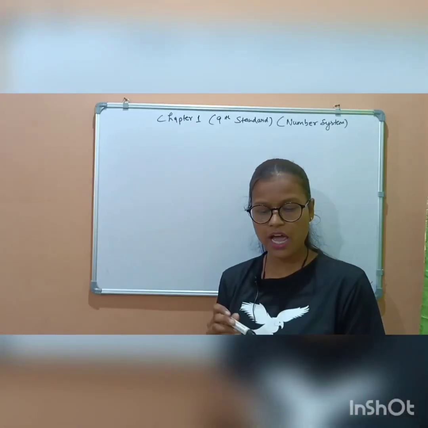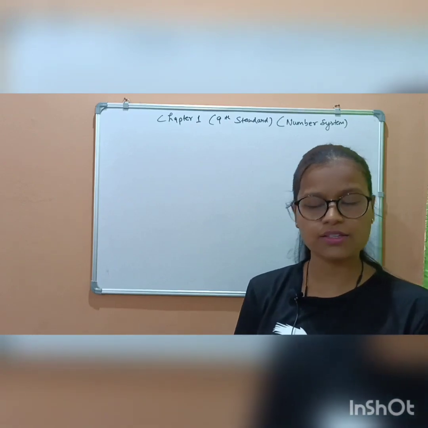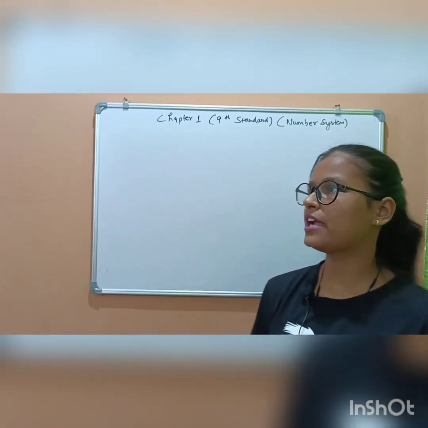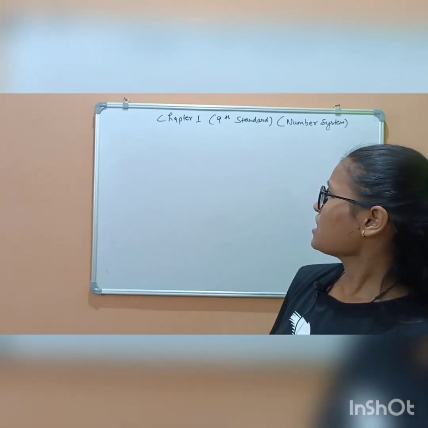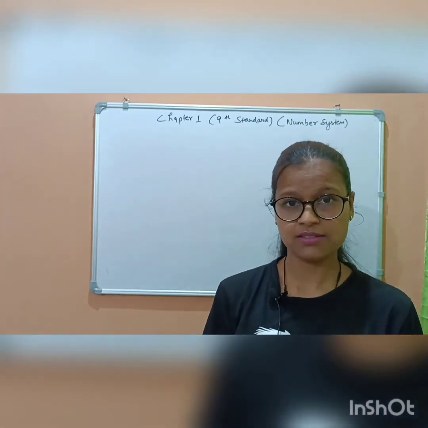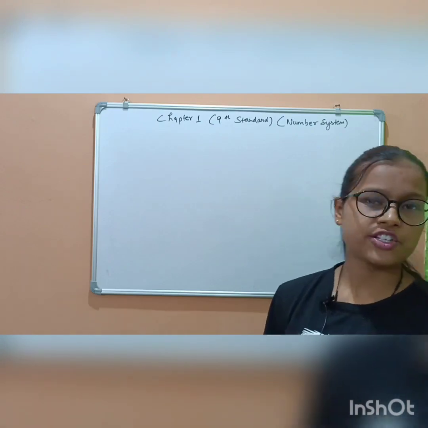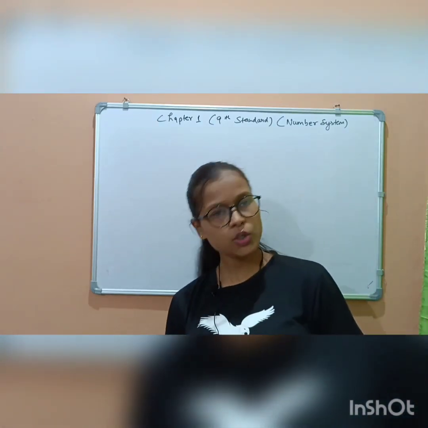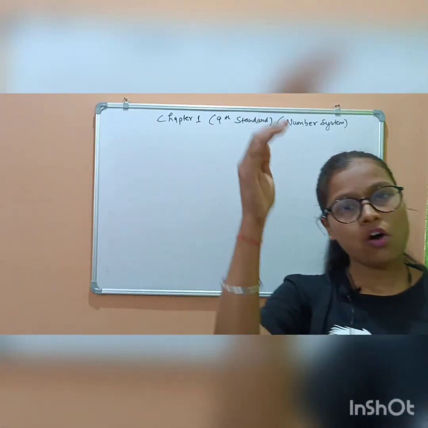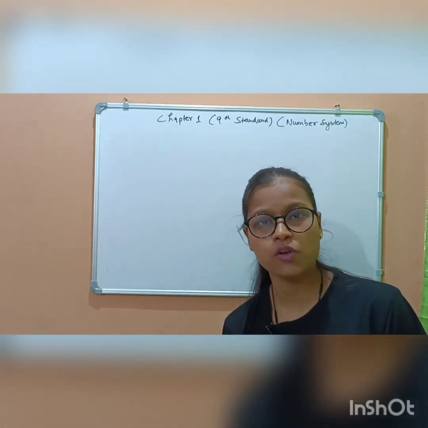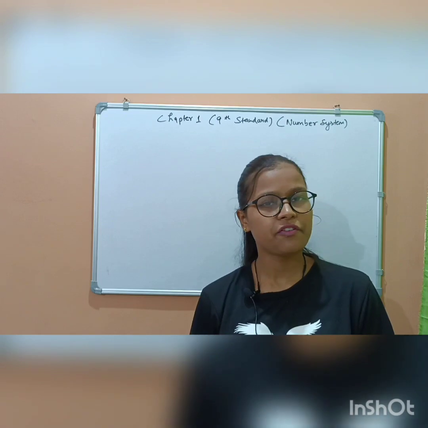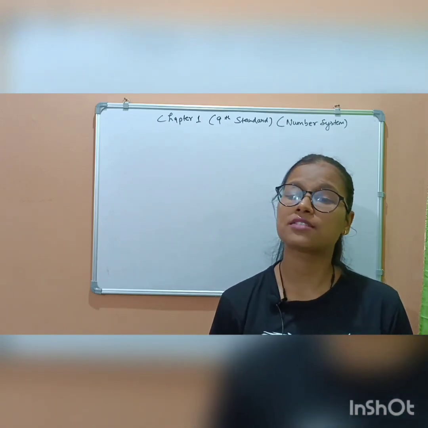I hope all these facts are very clear in your mind, and I'll try my best to cover the rest of the things in the next session, and I'll try to complete all the exercise questions in this session so that you can easily solve.